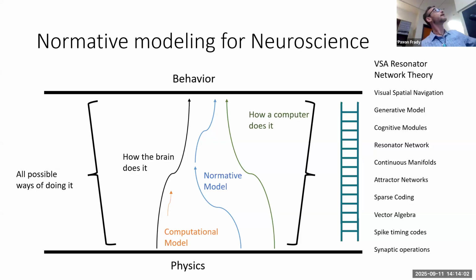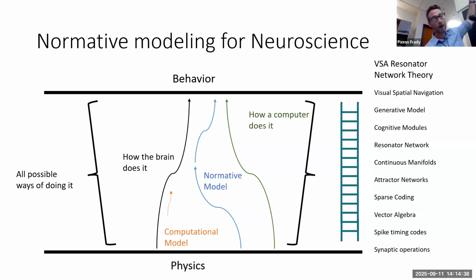The idea of normative modeling is to use some aspects of degeneracy to pull some algorithm that we know works towards something that looks like the brain or might give us insight to neuroscience. I would compare that to a computational model, which doesn't necessarily bridge from physics to behavior, but captures maybe some relationships across a couple of different scales. It's more of a description of what's happening. It doesn't necessarily capture an algorithmic behavior.